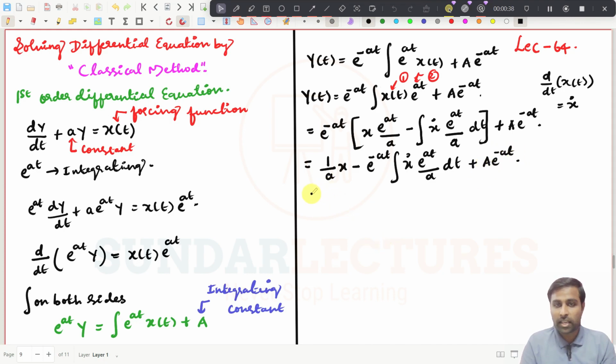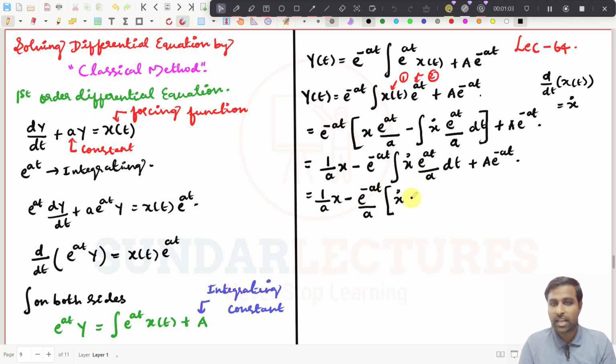So now I can go for the next step. I just try to simplify what I have, up to this. Then I need to integrate this one again. So if I integrate this one, I have to do it by parts, and then integrate this one. And this a I bring outside, because I can bring it outside.